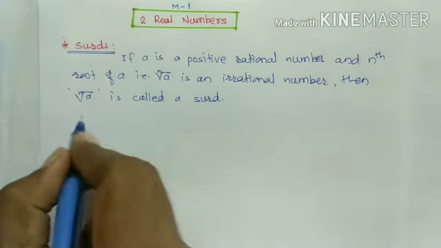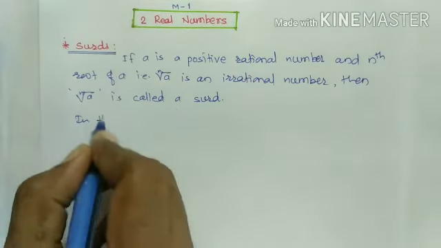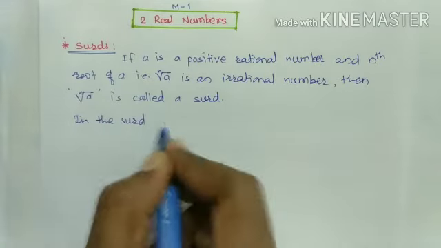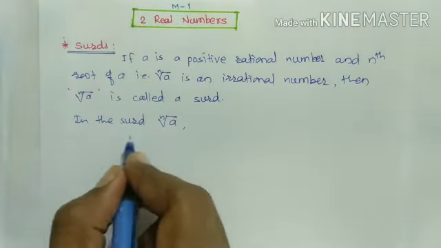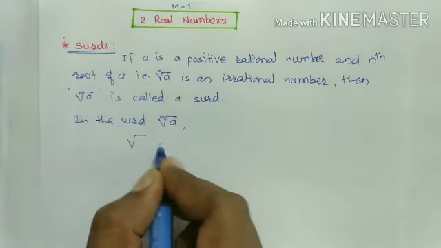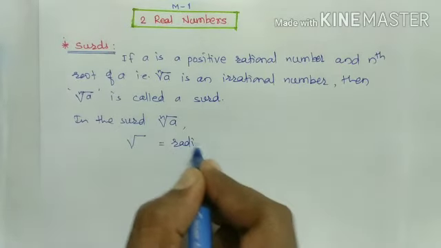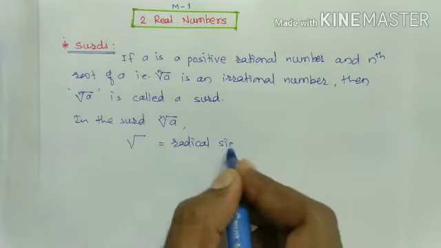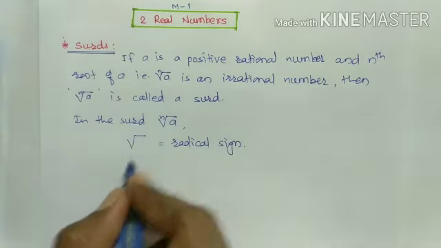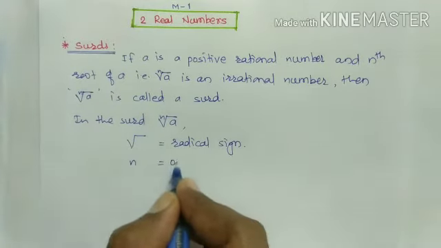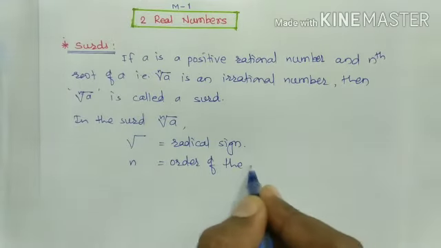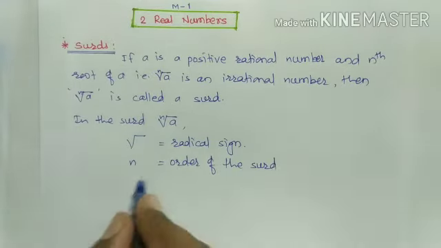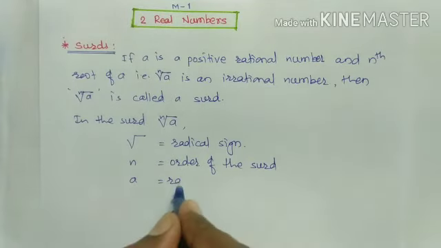Here in this surd, this sign is called the radical sign. Then here n is the order of the surd, and a is called the radicand.